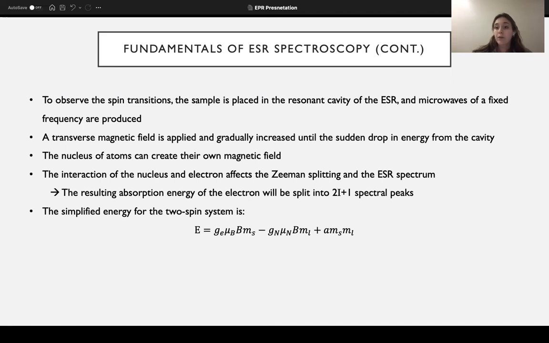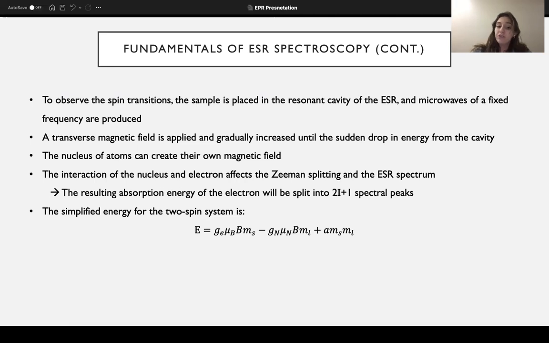This sudden drop represents the absorption of the energy by the complex and the corresponding transition from parallel to anti-parallel. There's also an interaction between the nucleus and electrons that affects the Zeeman splitting and the spectra, where the resulting absorption energy of the electron will be split into 2I plus 1 spectral peaks.